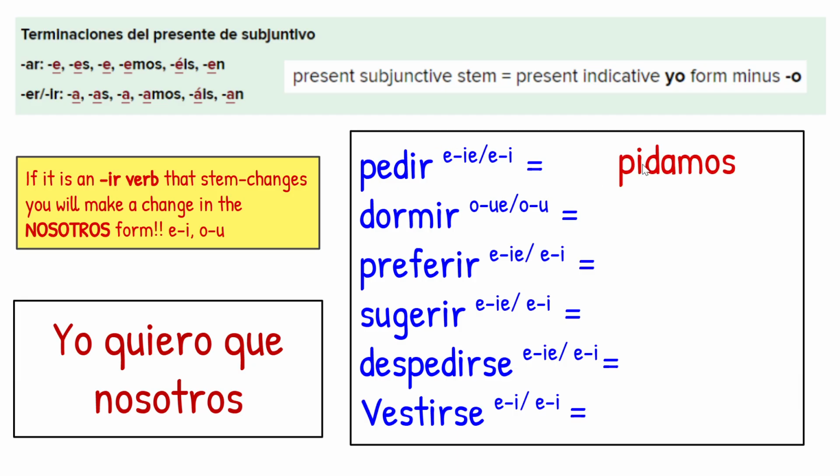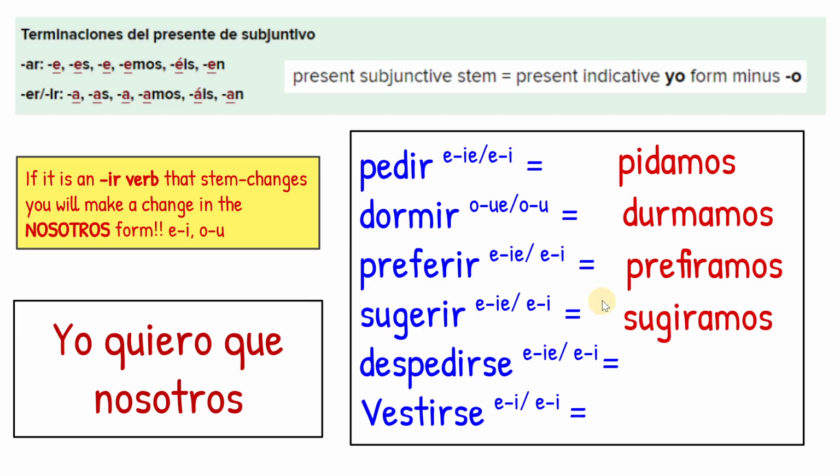We have never made a stem change in nosotros. If we are in the subjunctive, it is an IR stem changing verb, and the second subject is nosotros, you are going to make an additional stem change from E to I. Yo quiero que nosotros durmamos. Yo quiero que nosotros prefiramos.